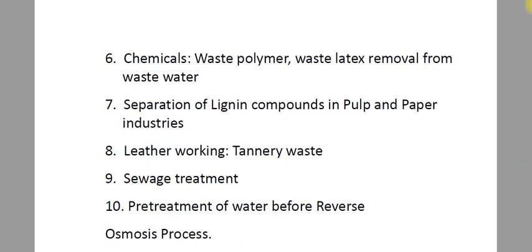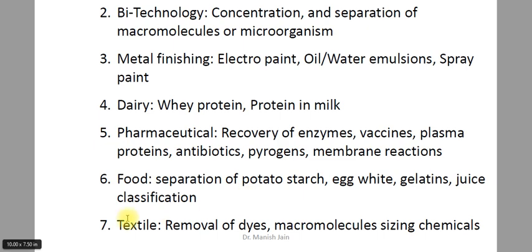In the textile industry, basically it is used to recycle the dyes in the reactor or in wastewater processing. It can remove the macromolecules which come with the fiber. If you are coloring the cotton stream, the wastewater from the cotton stream contains several macromolecules of different types of carbohydrates or other plant materials.